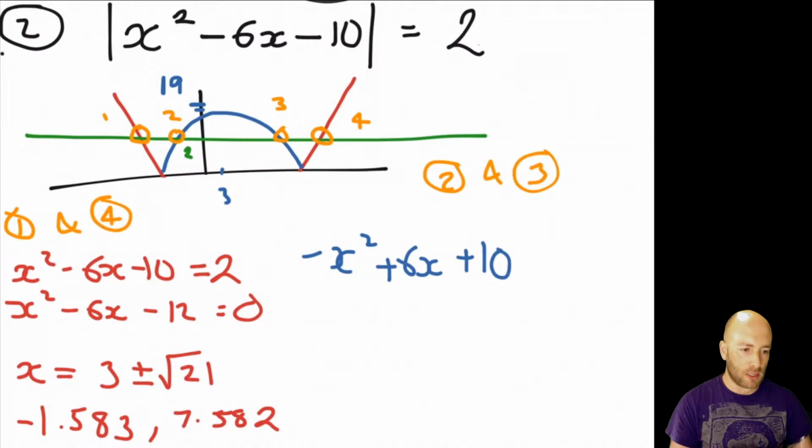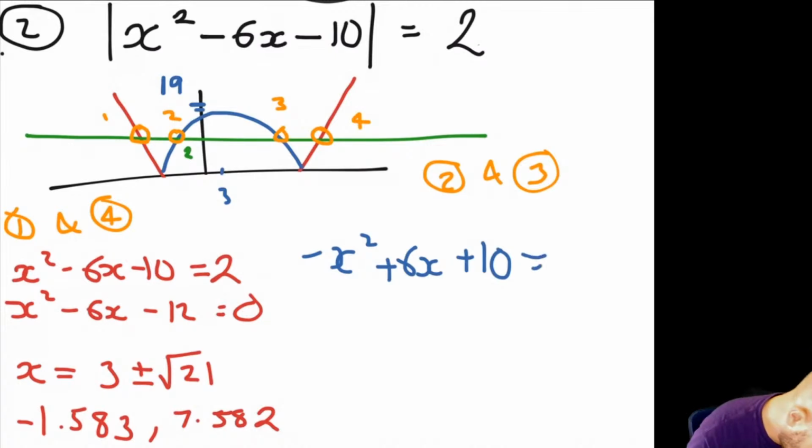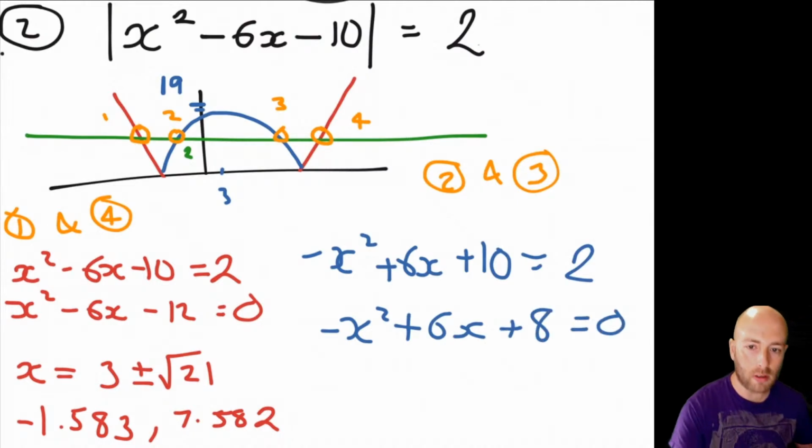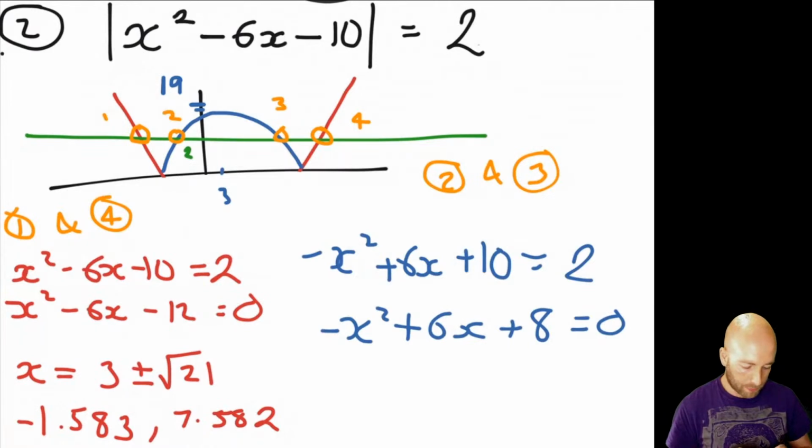I didn't want to just tell you guys it as a rule. But yeah, when you're solving for the modulus part, change the sign of everything inside the modulus bracket. So we can set that equal to 2. Take 2 from each side, minus x squared plus 6x plus 8 equals 0. Get your calculator out, type it in. So minus x squared plus 6x plus 8.